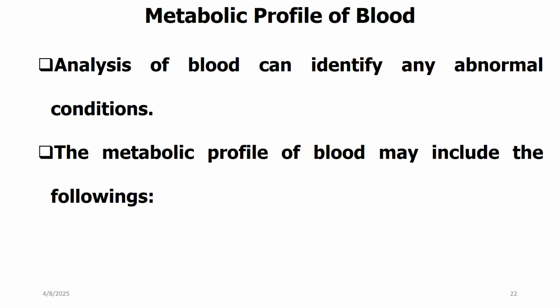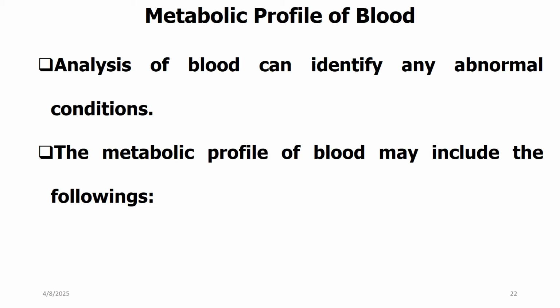We look at the metabolic profile of blood. What does it entail? We have seen that blood is a liquid tissue, and being a liquid tissue, it means that it is not static, it is dynamic.